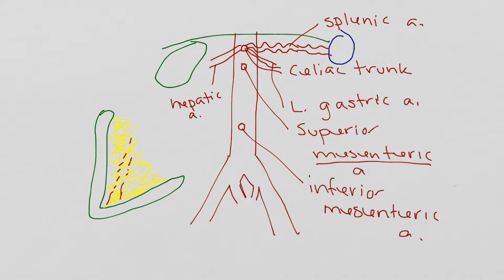Just like the superior mesenteric artery, this will be traveling through the mesentery. It just will supply regions of the digestive system that are lower. So inferior mesenteric is going to be providing blood to the large intestine primarily. Superior mesenteric artery will be supplying blood to the small intestine.